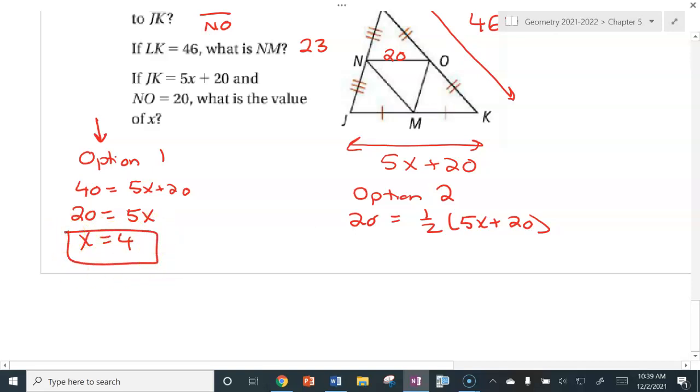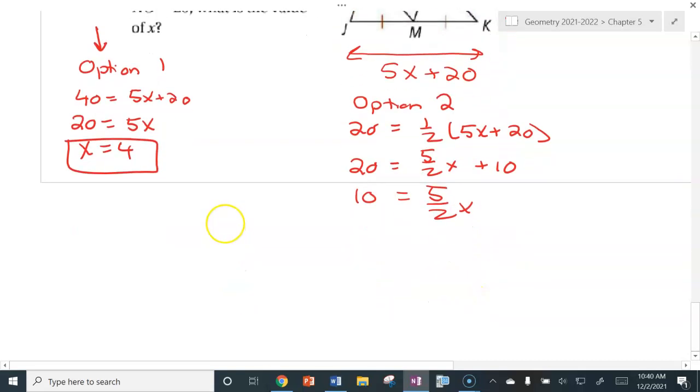Okay. If you want to go the other way, here's what happens. You have 20 equals 5 over 2 x plus 10. Then you subtract 10 from both sides. 10 equals 5 over 2 x. Multiply both sides by the reciprocal, 2 over 5.